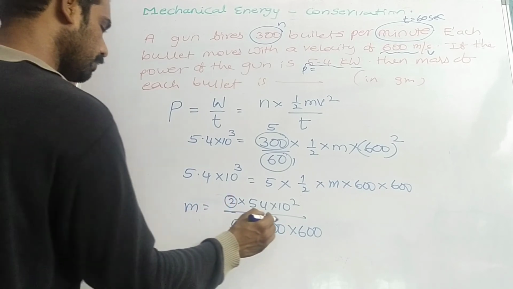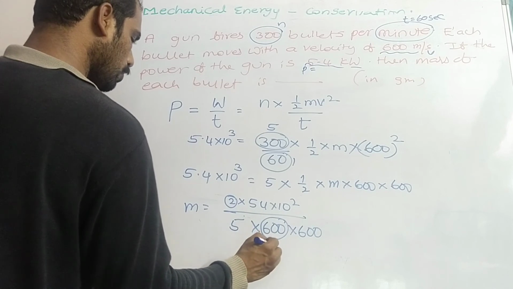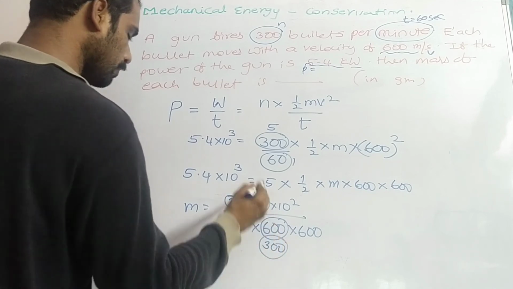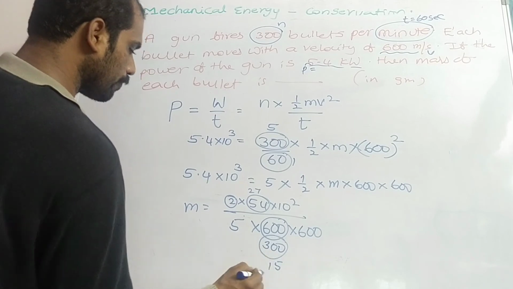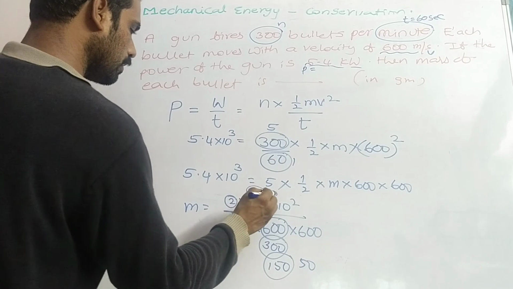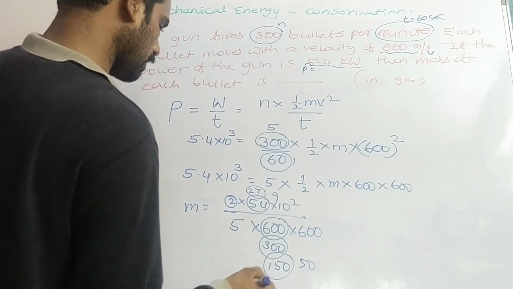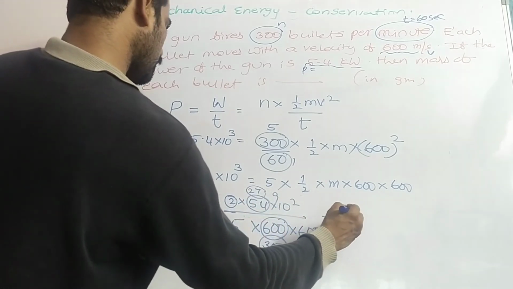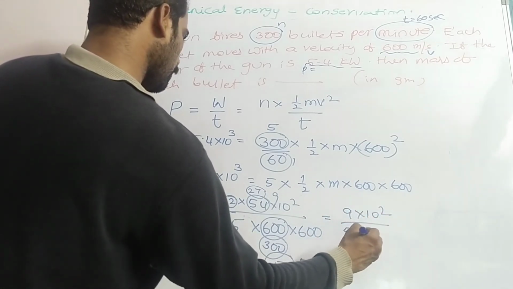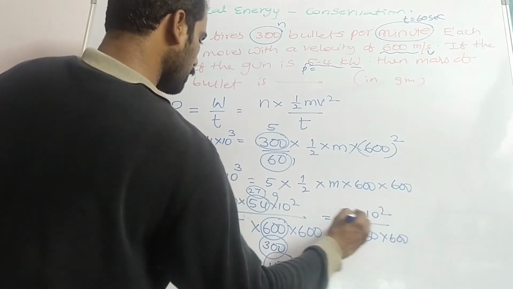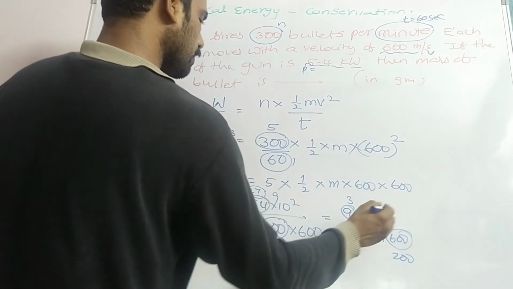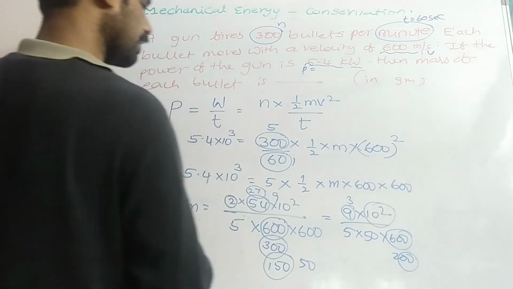Okay, now 2 ones, 2 300s, 2 2s, 2 7s, 2 150s, 3 50s, 3 9s. That is equal to 9 into 10 square by 5 into 50 into 600. 3 3s 9, 3 200s. 10 square gets cancelled.